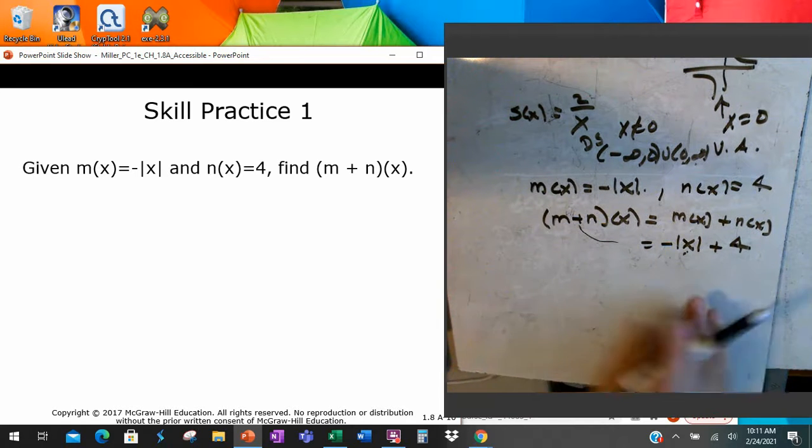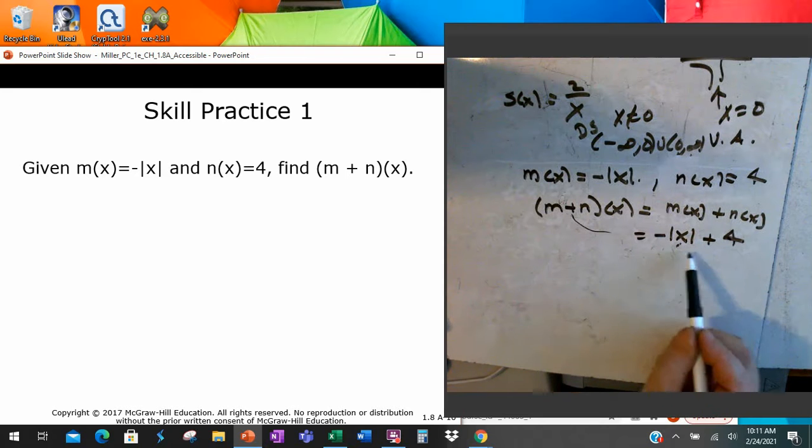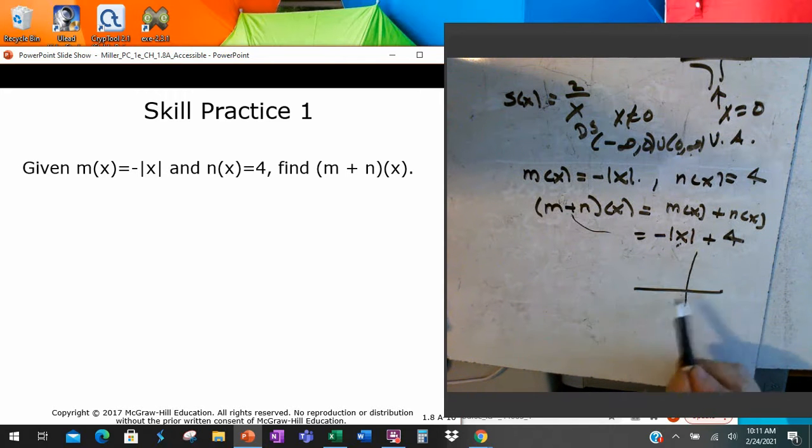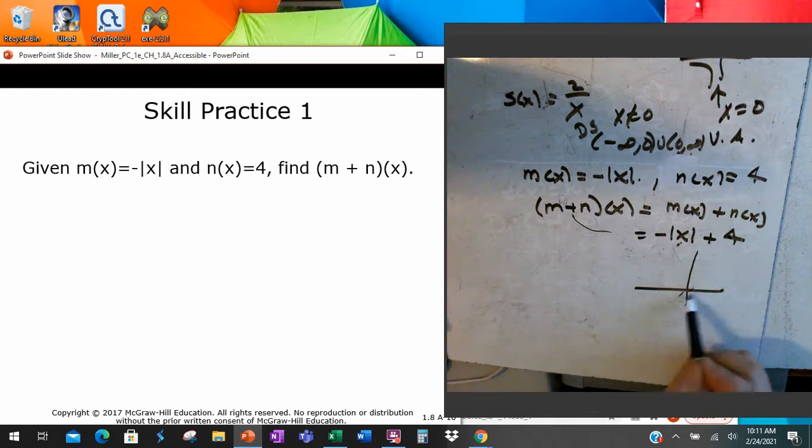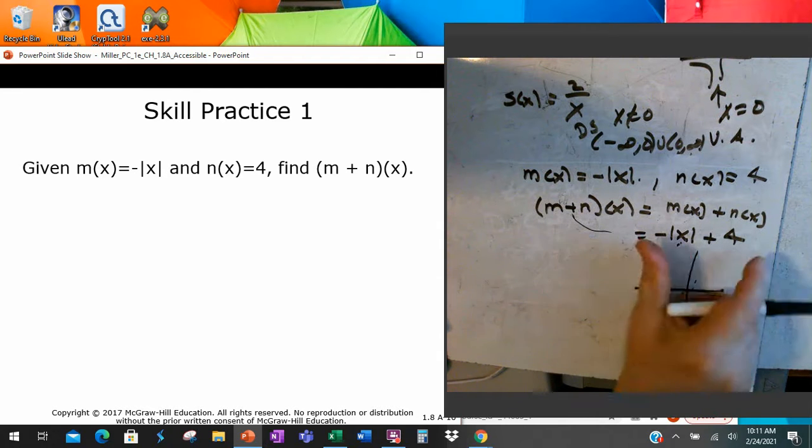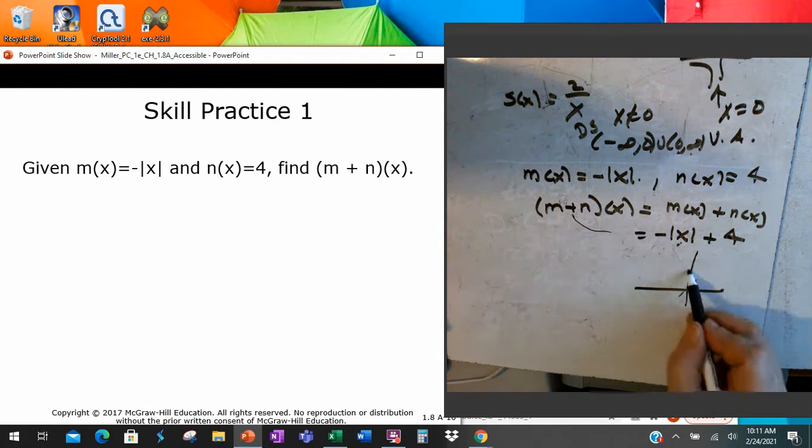In terms of transformations, what is that? That's that flipped and then up by 4. So I would kind of look at this as saying, here's the absolute value. I'm flipping it, working it out, and then I raise that by 4. So that would look like that.